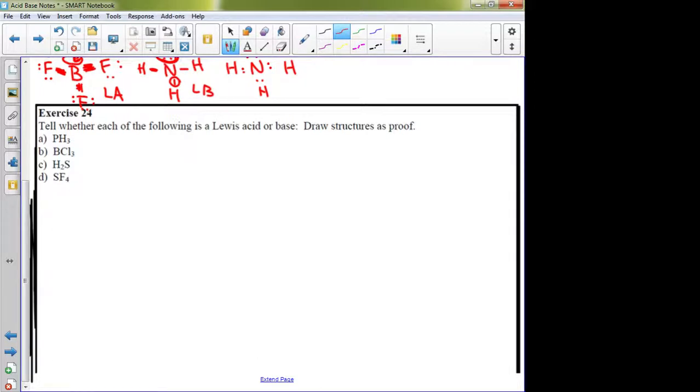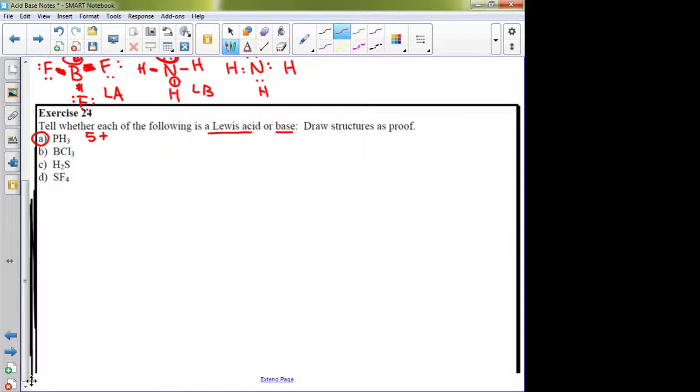So let's go to exercise 24. Exercise 24 says, tell whether each of the following is a Lewis acid or a base and draw the structures as proof. So let's start with A. So we have PH3. Phosphorus is in column 15, so it has 5 valence electrons.